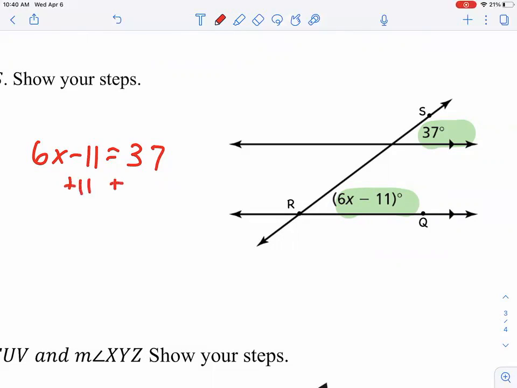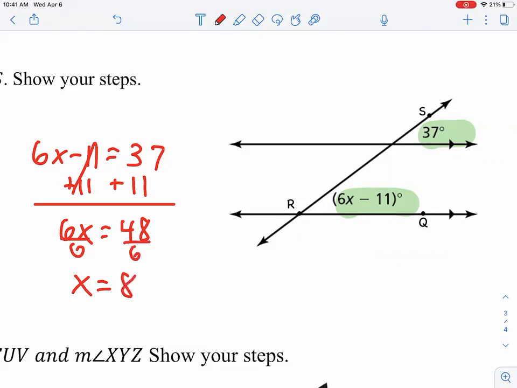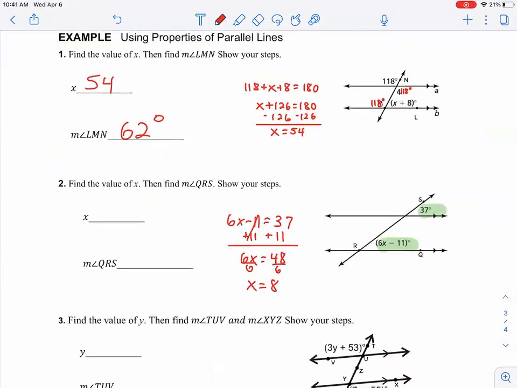Now I'll add 11 to both sides. So 6x equals 48. And x then equals 8. Now to find the angle, we're going to plug that 8 back in for x.